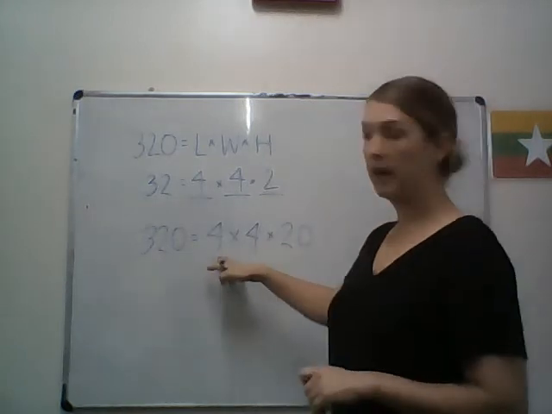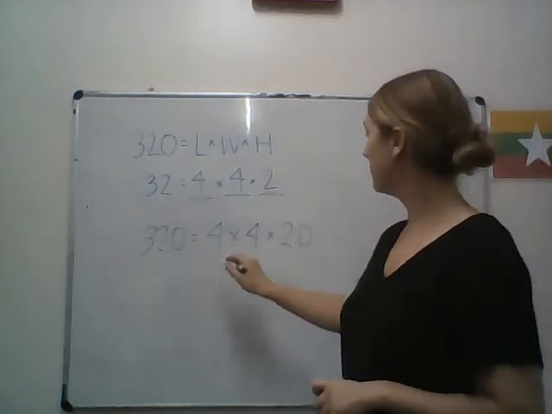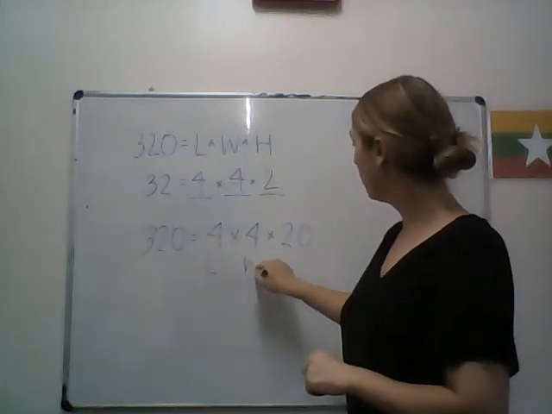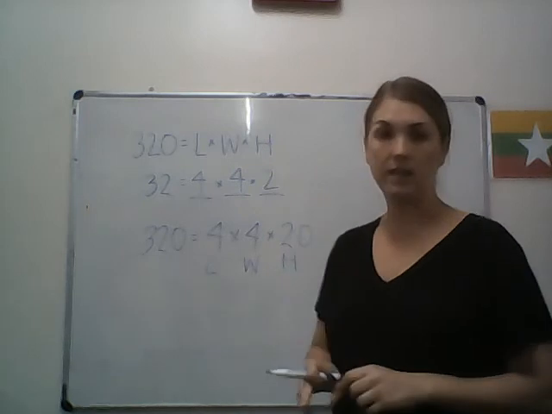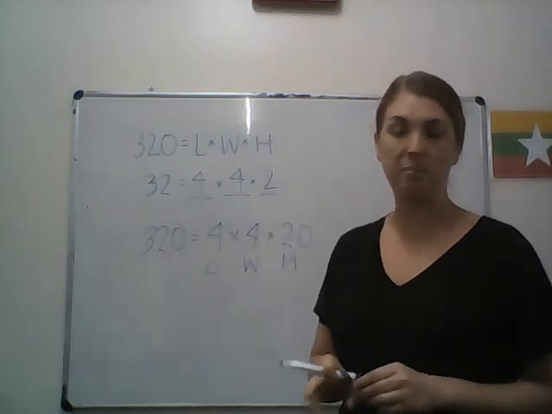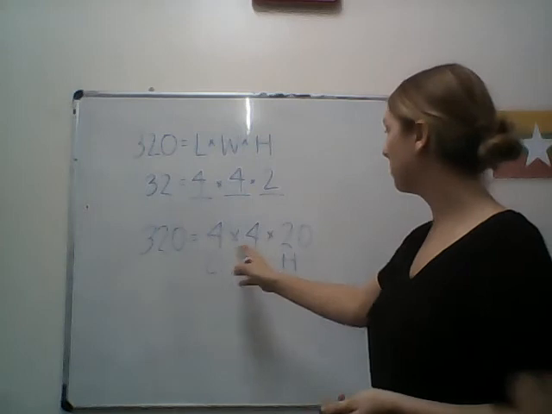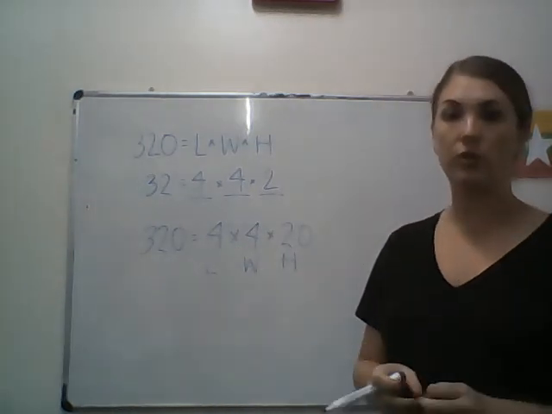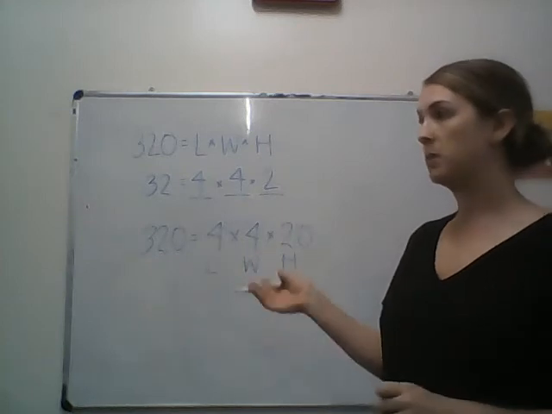So we could assign lengths and widths to this. Let's say this is the length, width, and height. That is kind of a crazy planter, but these 3 numbers together equal 320. So now they ask you to draw what this planter would look like.